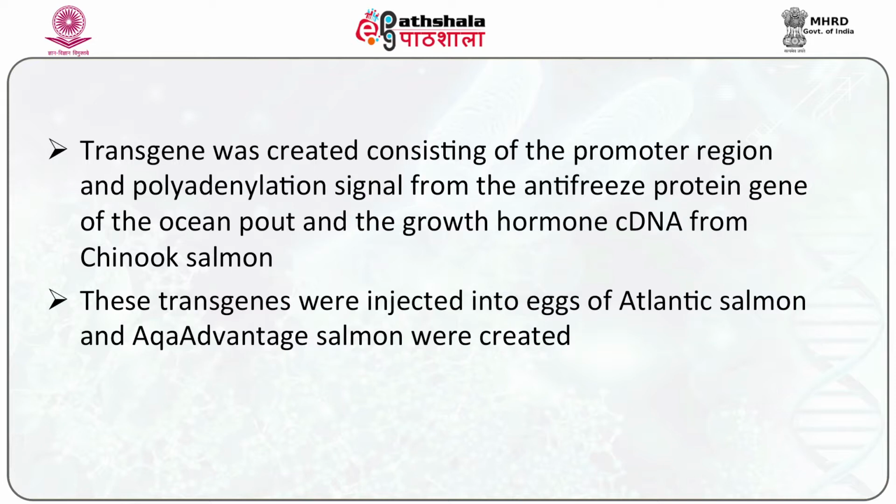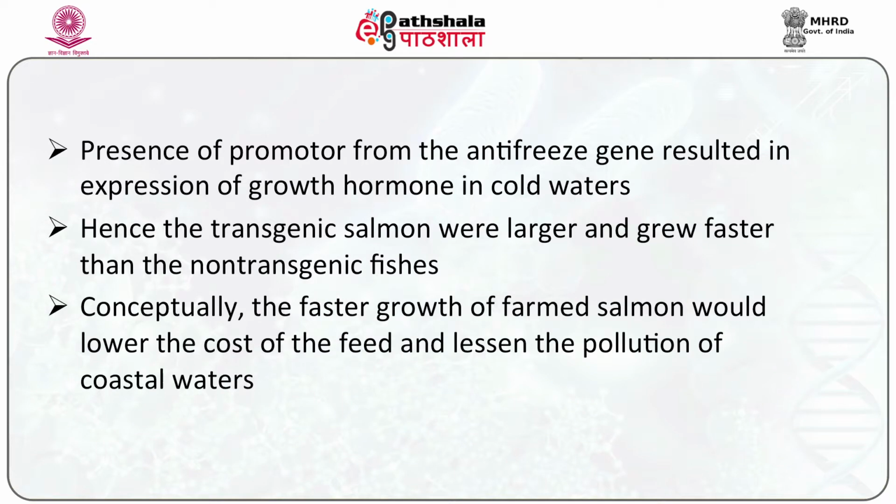These transgenes were injected into the eggs of Atlantic salmon and AquAdvantage salmon were created. Presence of promoter from the antifreeze gene resulted in expression of growth hormone in cold water. Hence, the transgenic salmons were larger and grow faster than the non-transgenic fishes.